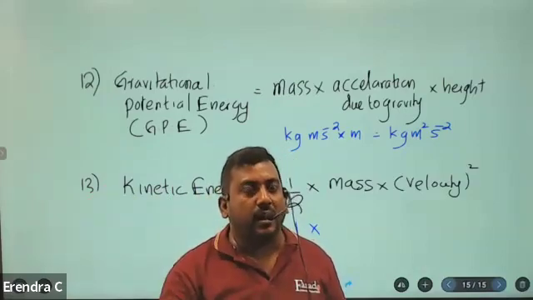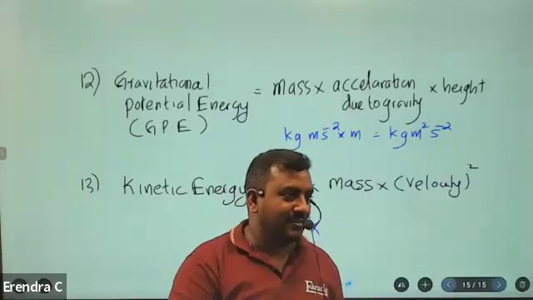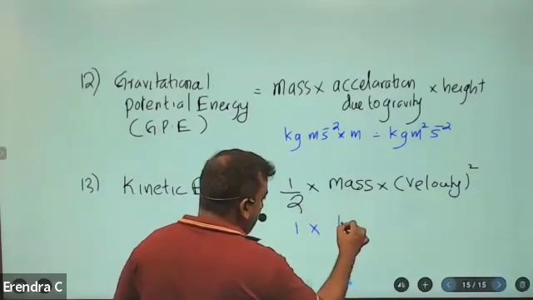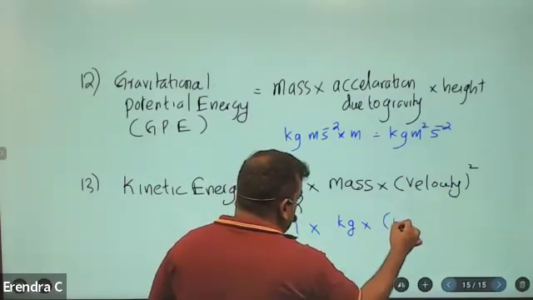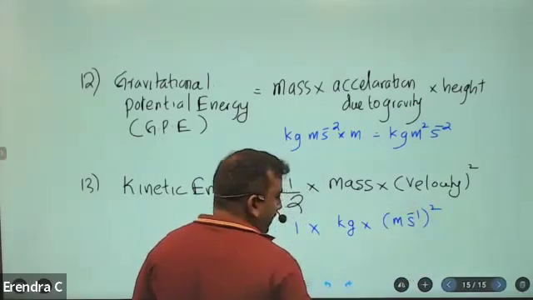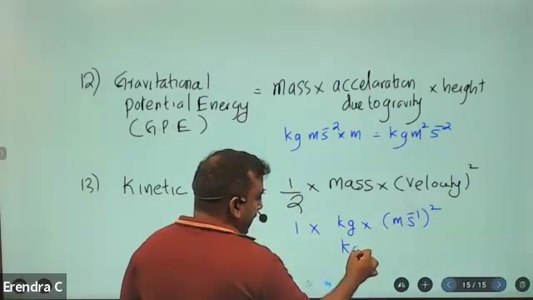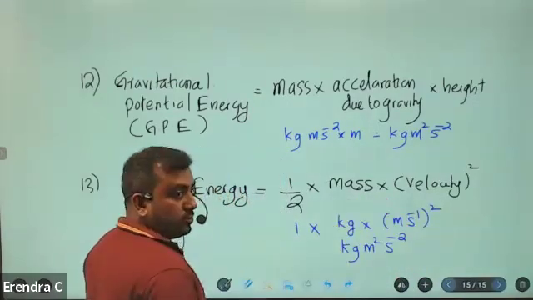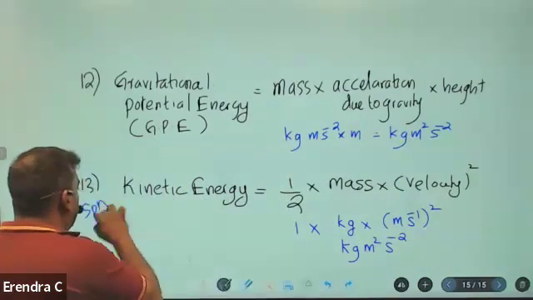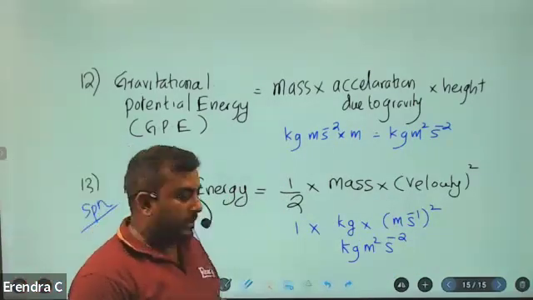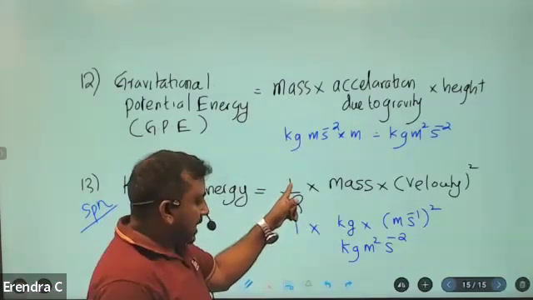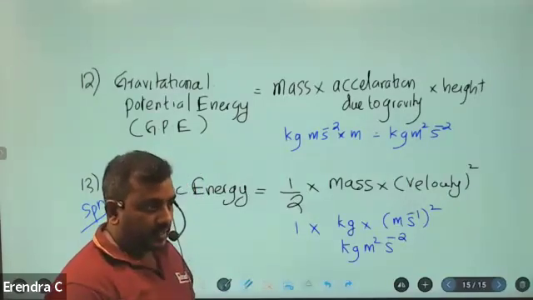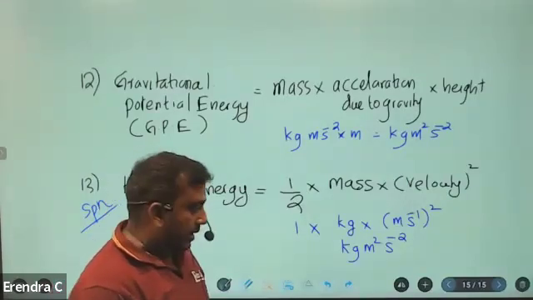Then pi, no unit, 1. 1 times m squared is m squared. So unit plus 1, mass is in kilogram, velocity is ms minus 1 squared. Now O-level indices, kg, m squared, how much? S minus 2. So this is a small special note there. Unitless means it's going to be equal to 1.